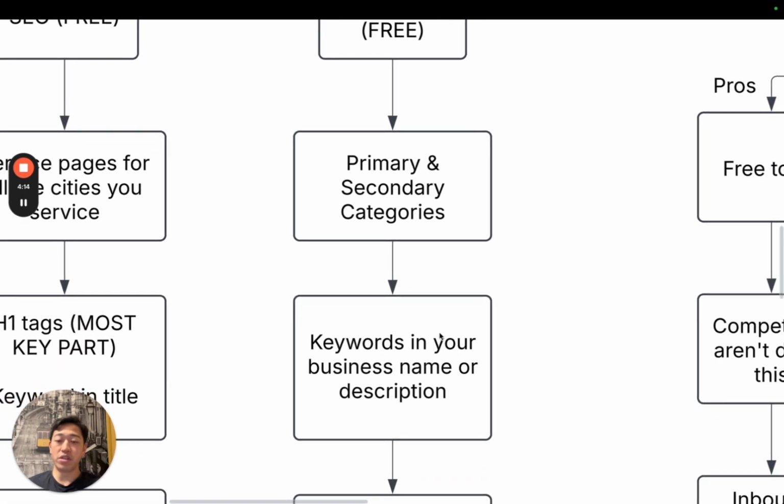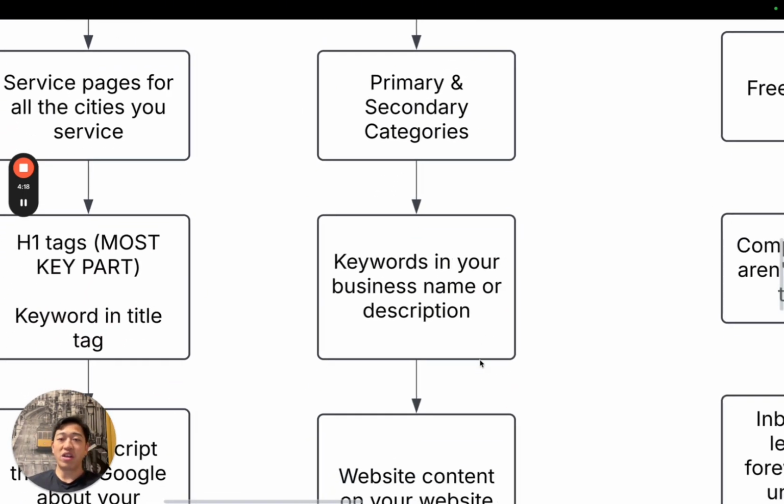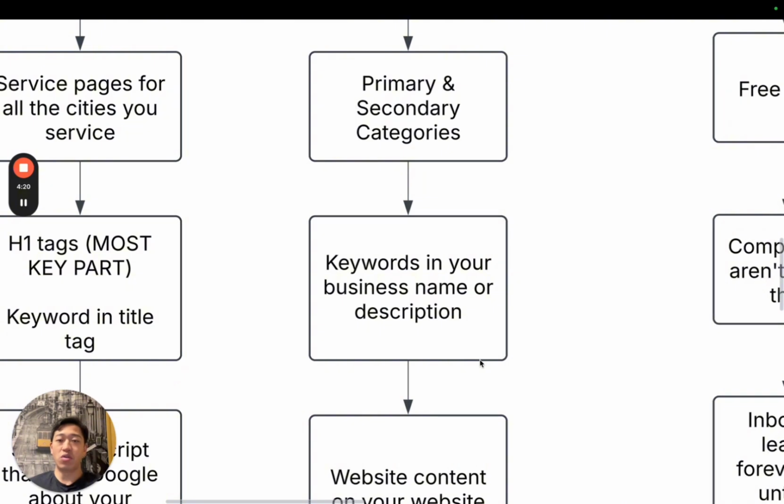And number two is the keywords in your business name or description. Here is where it gets a little bit tricky. If your LLC or S Corp doesn't have that keyword in your name, you can't really put it in your Google My Business name, but you can add it to the description. So make sure whatever service you're offering, you add that to the description so Google actually knows what your company is about.